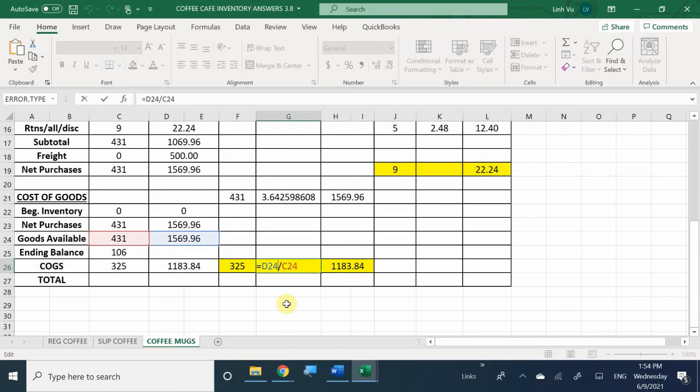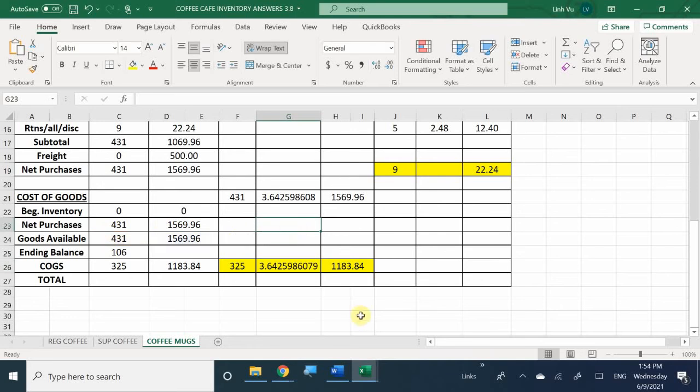I got 84. Equals, wait a minute. E24. Okay, let me backspace out of this. Okay. Equals.